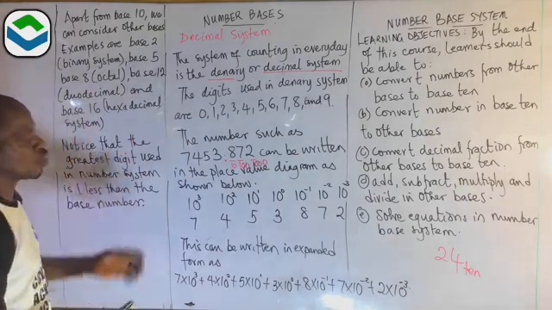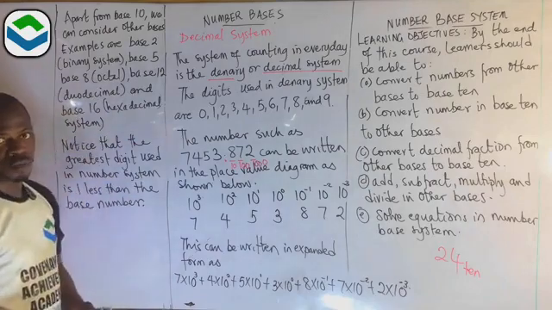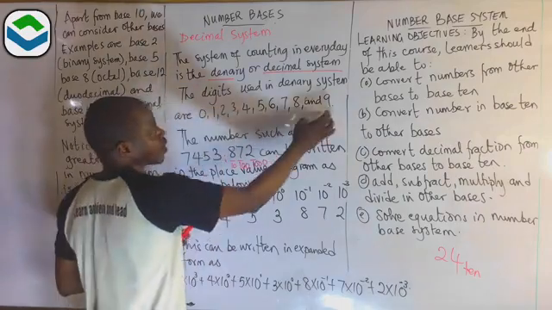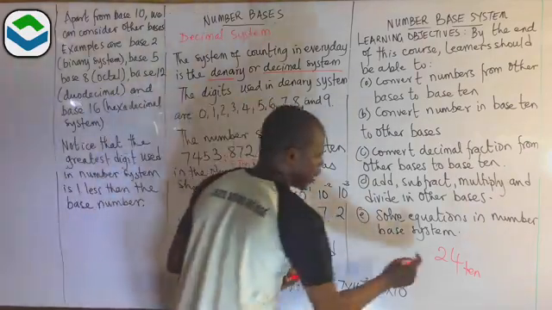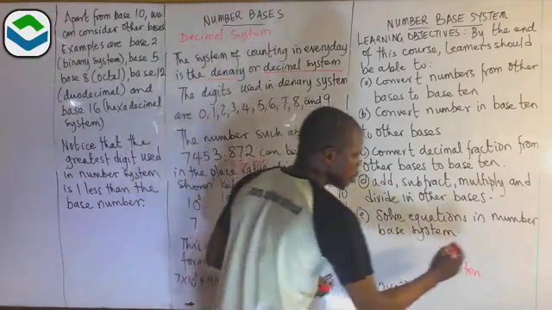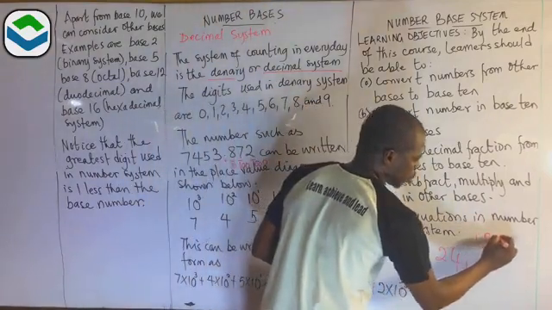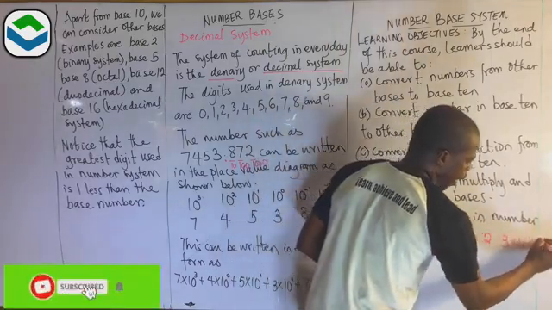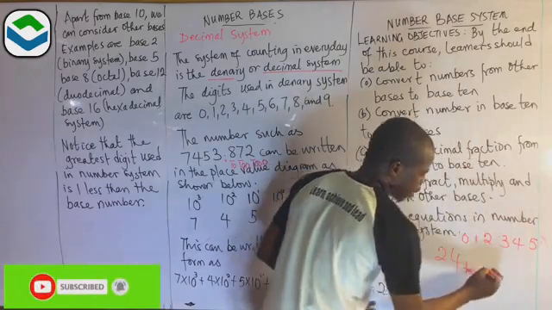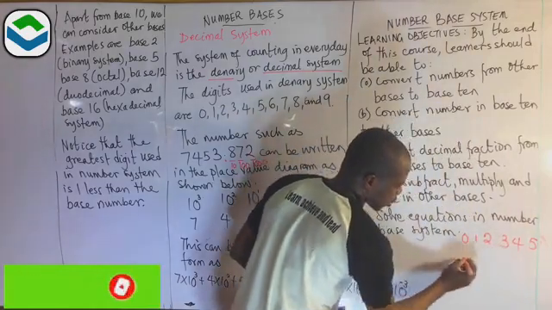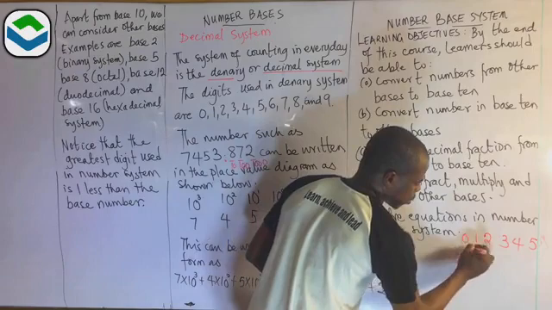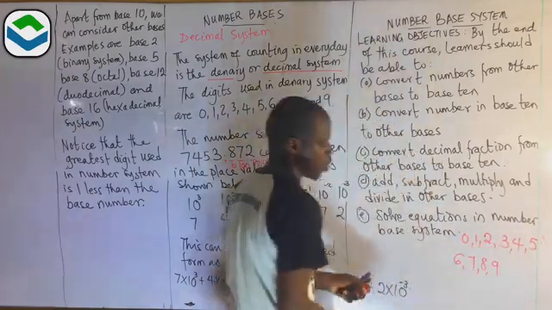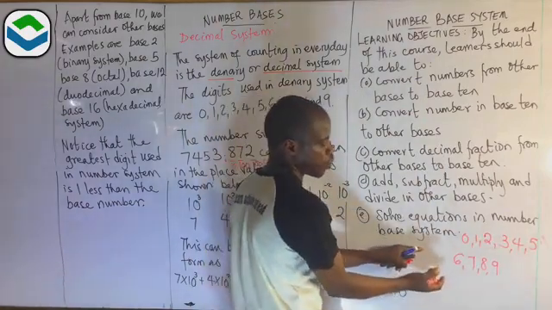Now, when you are talking about numbers in base 12, as you can see here, the digits in base 10 end at 9. So you have 0, 1, 2, 3, 4, 5, 6, 7, 8, 9. This is the last digit in base 10.